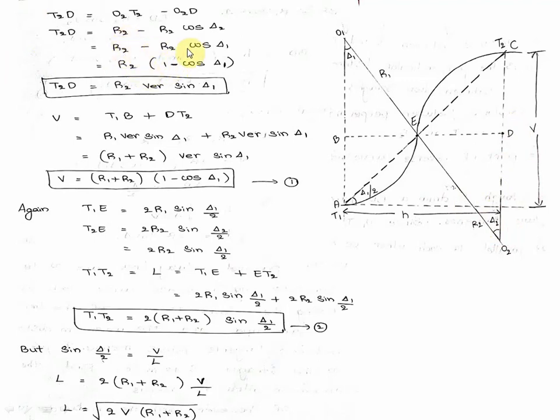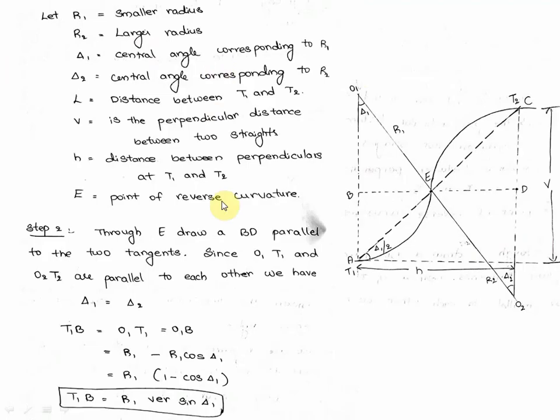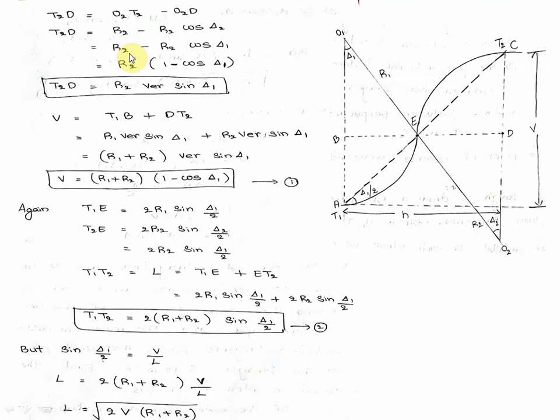You can write this delta 2 as delta 1, because what is our condition here? Delta 1 equals delta 2. So this equation becomes R2 minus R2 cos delta 1, because delta 2 is equal to delta 1. Take R2 as common, R2 into bracket 1 minus cos delta 1.